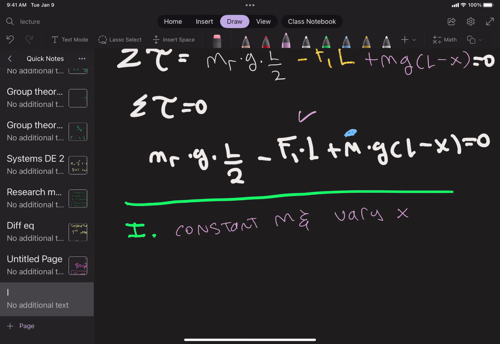So if you solve this equation here for x, F1 of x, if you do the algebra, it'll come out to be this: minus the hanging mass times g over L, times x, plus the hanging mass plus the mass of the ruler over 2 times g.